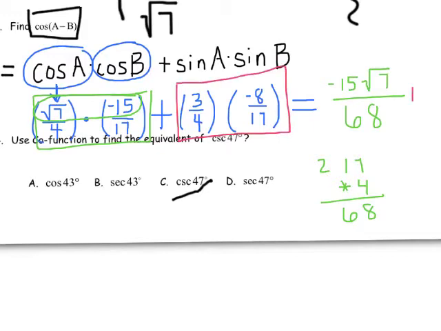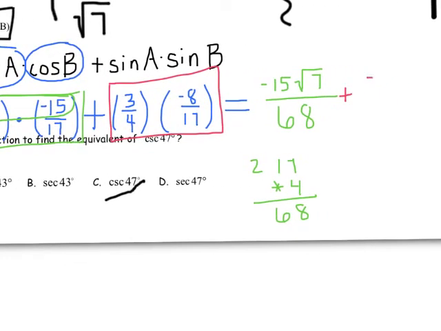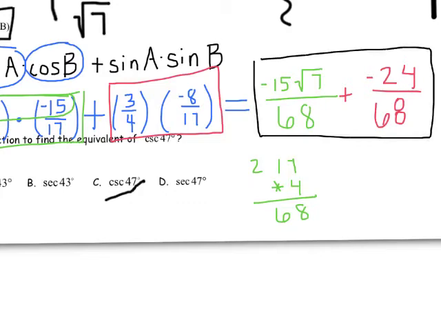So, plus 3 times negative 8 is negative 24, and 4 times 17 is 68. All right, now I need to do this. The great thing about sines and cosines is you always end up with these common denominators. So that's going to come to the final answer, negative 15 square roots of 7 minus 24 all over 68.